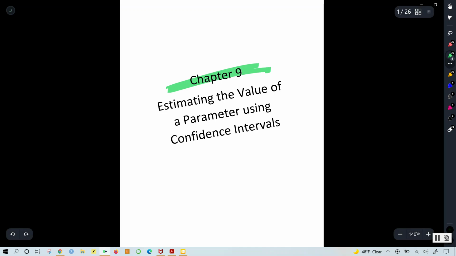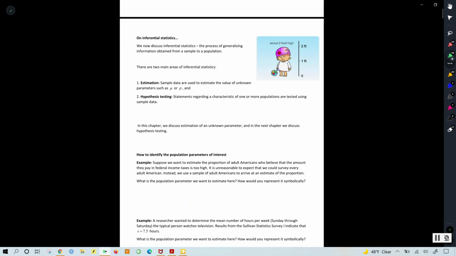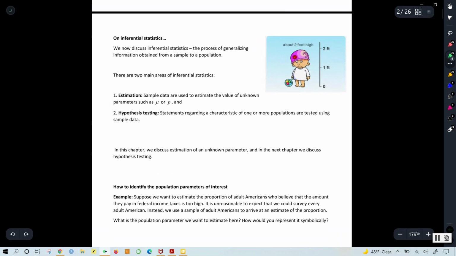In Chapter 9, our goal is to learn how to estimate the value of a population parameter using confidence intervals. So, this is going to be our very first step into the world of inferential statistics, where we are learning how to make generalizations from sample data evidence to populations.